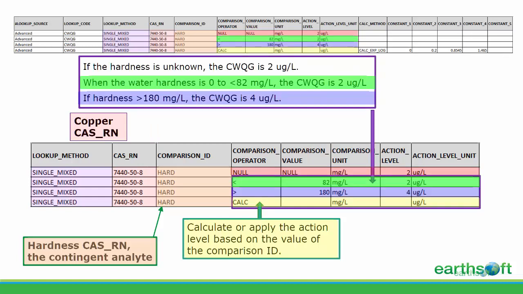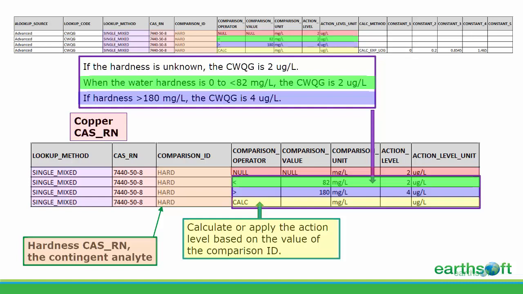The next block is telling me if the hardness is unknown, that was the first line. And then if the water hardness is 0 to 82, the CWQG is 2 micrograms per liter. And then finally, if the hardness is greater than 180 milligrams per liter, then the CWQG is 4 micrograms per liter. So our copper action levels are either going to be 2 or 4, depending on where the value falls outside of that range.